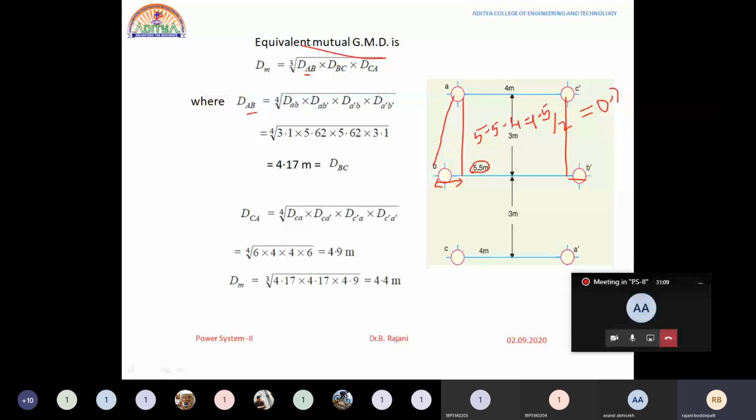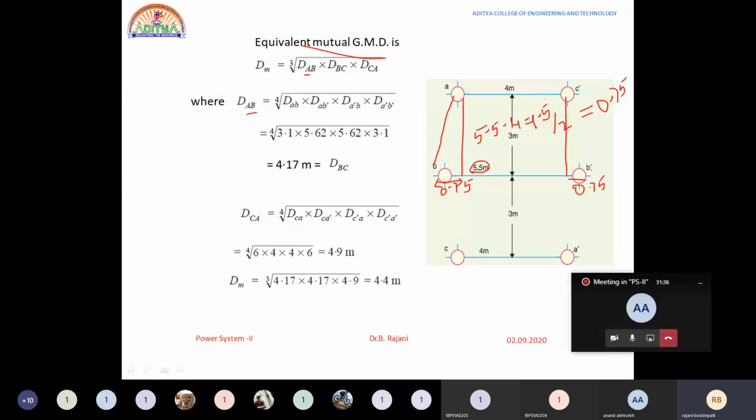This 0.75 is the distance from this point to B dash. This point to B is 0.75. Here also the distance is 0.75.